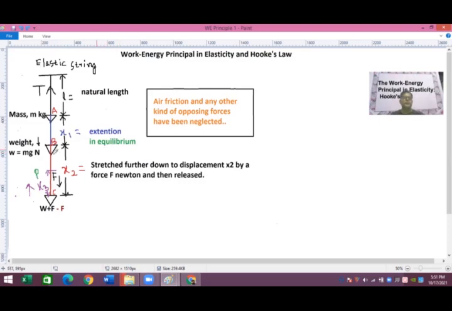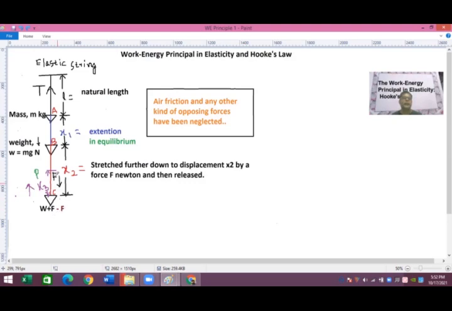Now what you can do here is apply an external force F and then let it go further within the elastic limit to position C, and then you can release. Once you have it at this position, you can see that the object possesses mainly three kinds of energy due to the weight and the force.